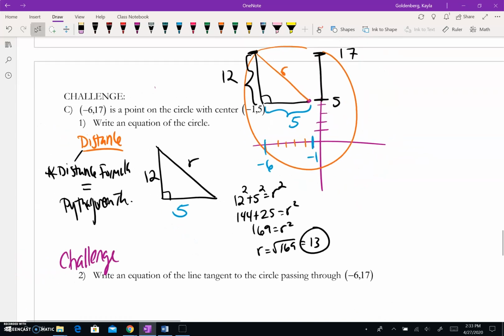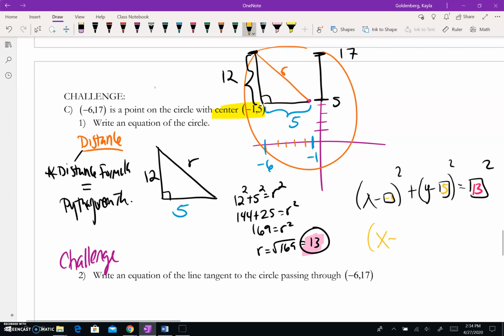The one thing we have to do is write it all out as a formula of a circle. So I'm kind of putting in my shell, x minus the x coordinate squared plus y minus y coordinate squared equals radius squared. I have just figured out that my radius is 13. Okay, and the center of my circle is given as negative 1, 5. So x minus negative 1, y minus 5.